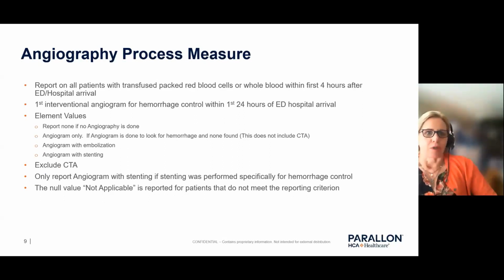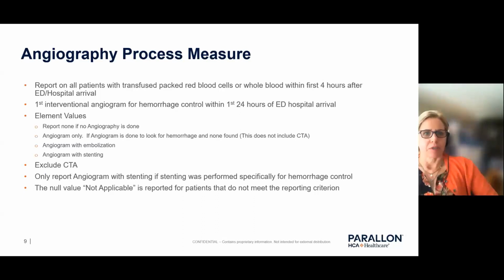For element values, we would report none if no angiography is done. Angiogram only is when they go in, take a look, and do that fluoroscopy, and the dictionary notes this does not include CTA. We have angiogram with embolization, and also angiogram with stenting, so you need to make sure you know what kind of device we put in the patient.